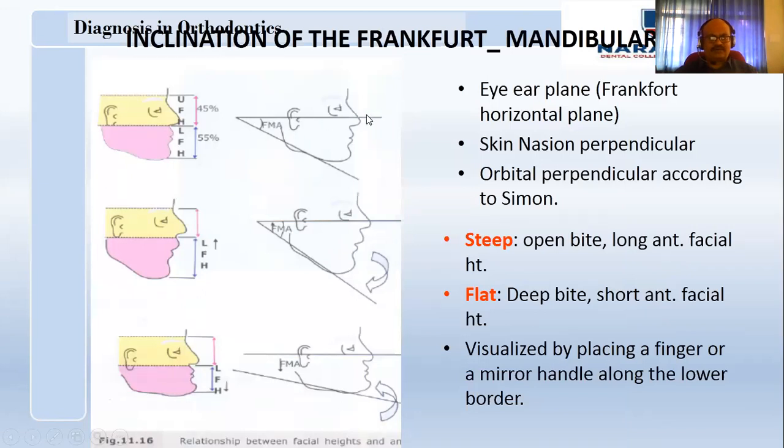This is called the mandibular plane, the tangent to the mandibular border. So normally the angle between these two is 18 to 25 degrees, and when you draw these two lines, they will meet at the occiput point.